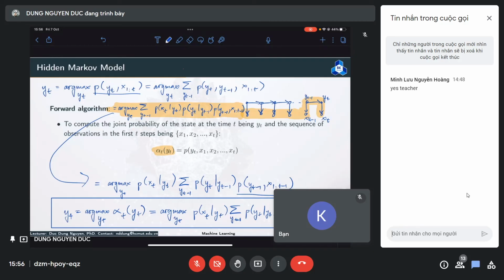Because you go in one direction, forward only, this is called the forward algorithm. So you have to remember this is greedy. Second, it is going in one direction, so we call it forward.